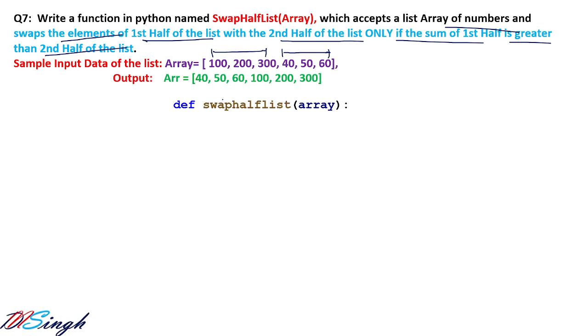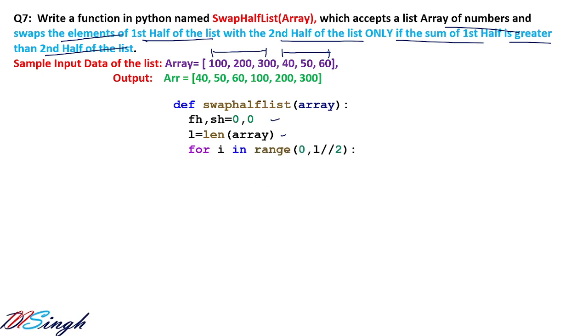We are going to write the definition of the function def swap half list array, and then we are going to check how many elements are there in the list, and take 2 variables for storing the sum of the first half and second half. Length we have calculated and taken 2 variables. This is called multiple assignment, where values are assigned to both the variables.